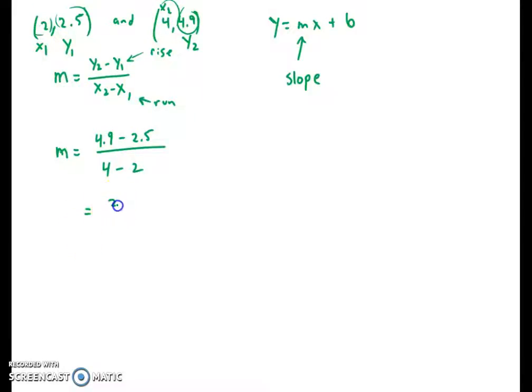Do the calculations: 2.4 all over 2, which is 1.2. So my slope for this line, now I know my m value, sorry, is 1.2.